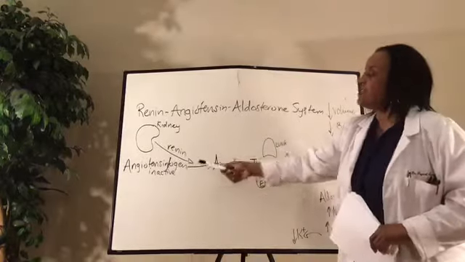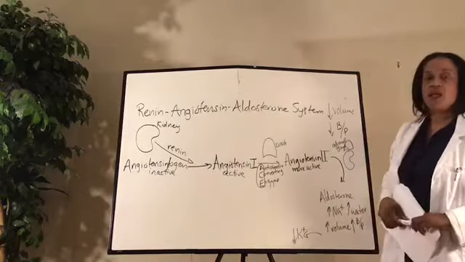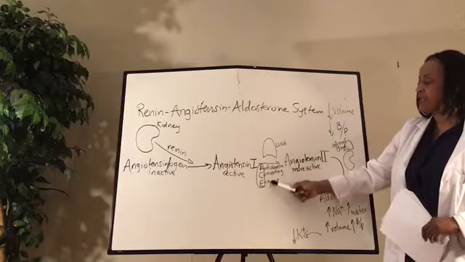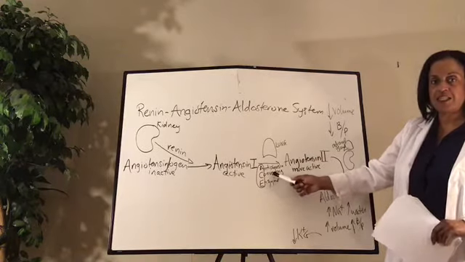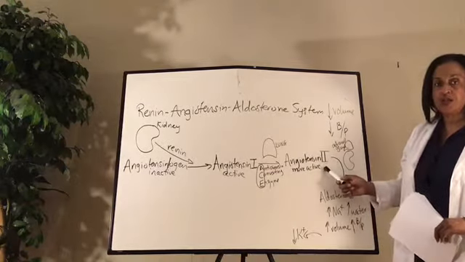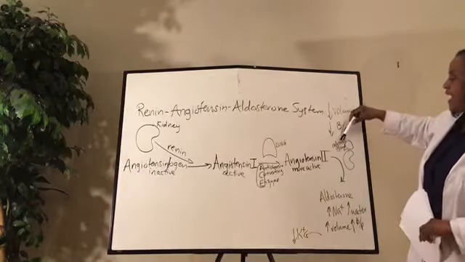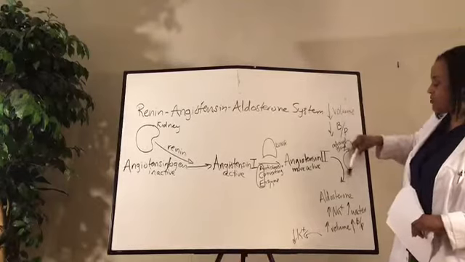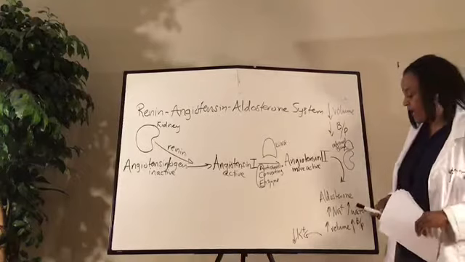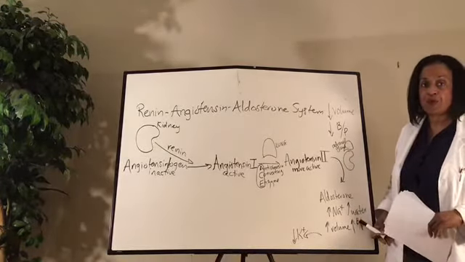Renin will then cleave this inactive molecule angiotensinogen into angiotensin 1, an active molecule, which will then spur the lung to spur out this enzyme, angiotensin converting enzyme, to make angiotensin 2, which is an even more active molecule, to activate the adrenal glands, aldosterone, and increase the amount of sodium, holding on to sodium in the body, increasing water, which will then increase volume, and then get your blood pressure back up.